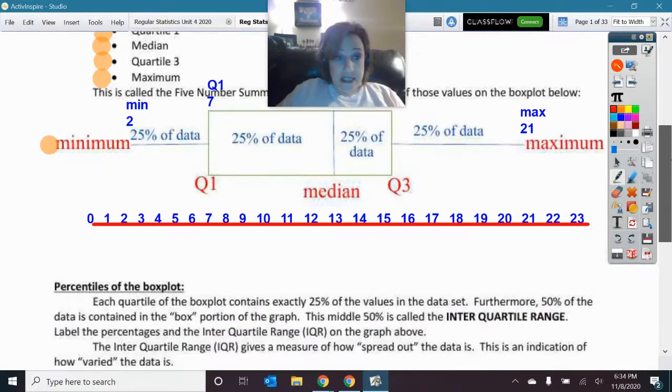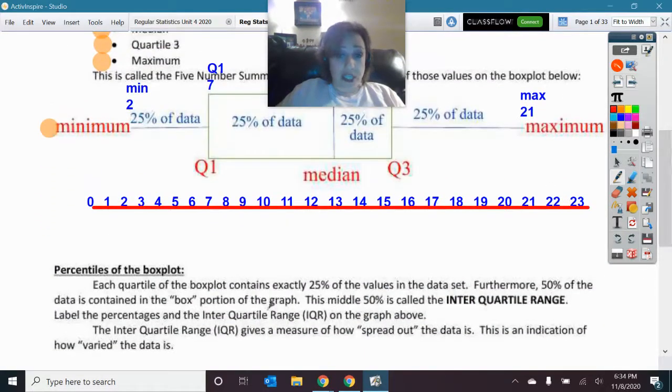All right. So now we're going to talk about one of the other key things. Of course, we've already mentioned these percentiles. Every box contains exactly 25%, but another important item is this middle 50%, because that is the box. So that distance from Q1 to Q3 is called the interquartile range.